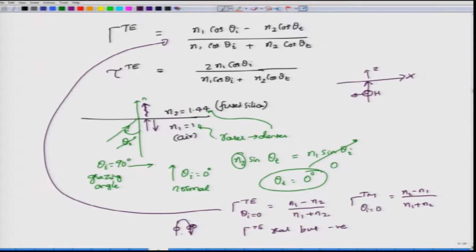So, it would be in this way, and this electric field would experience a 180-degree phase shift, indicating a 180-degree phase shift upon reflection. Whereas, the case that we have considered here, the transverse magnetic field would not experience any phase shift, and the reflection coefficient will be real and positive.